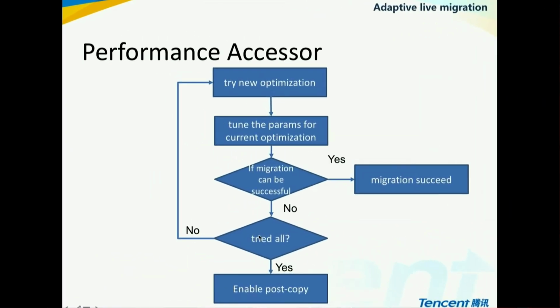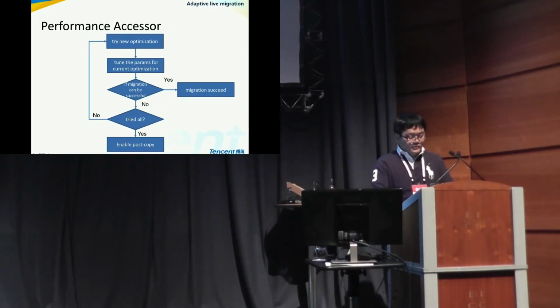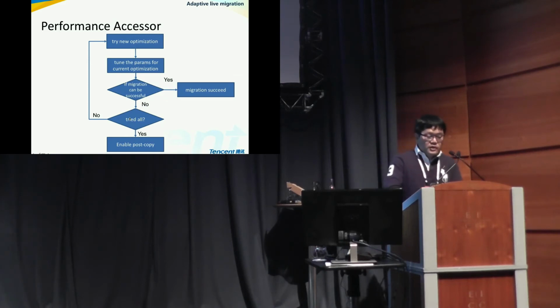This is the flowchart of the performance assessor. As we can see, after we enable an optimization method, we will tune the parameters for it, and we will check if the migration can be successful. If not, we will check if we have tried all the optimization methods. If not, we will choose another one.